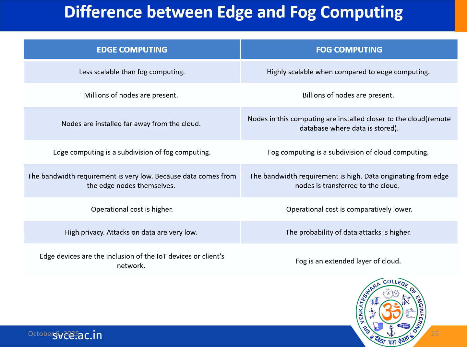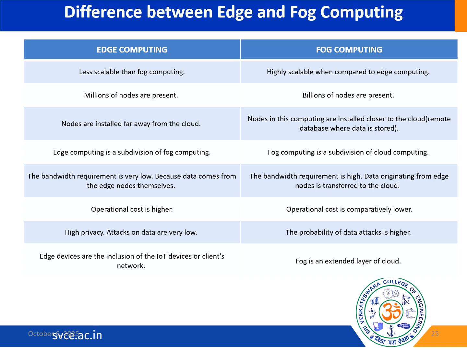Based on bandwidth, the bandwidth requirement is very low in edge computing, since the data comes from edge nodes themselves. When you move on to fog computing, the bandwidth requirement is very high, since data originates from edge nodes and is transferred to the cloud.